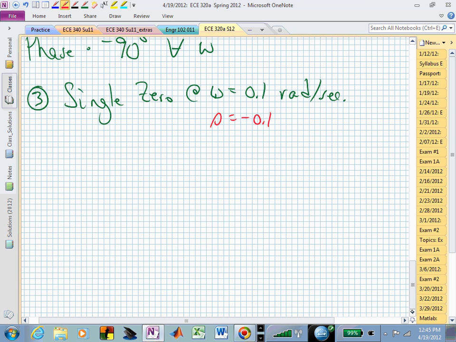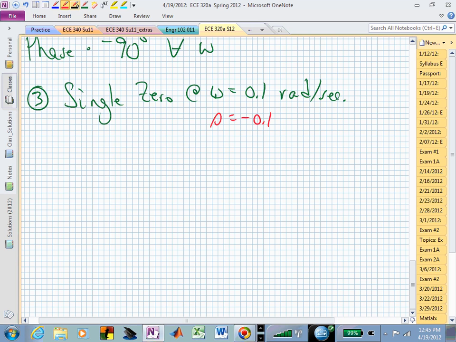But we're sketching this for positive values of omega, so we don't have to worry about it being written as s equal to minus 0.1. It's critical that it's there, but once we know that it's there, we really are only concentrating on the frequency now, omega equal to 0.1.